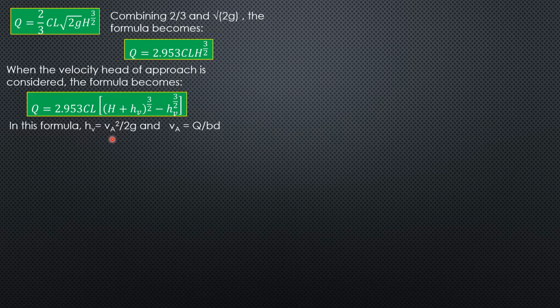The velocity of approach is equal to the discharge divided by the width of the channel times the depth of flow in the channel. Take note, the cross-sectional area of the channel is the width of the channel times the depth of flow in the channel. That's the definition of V sub a. Then V sub a squared over 2g is the velocity head of approach.